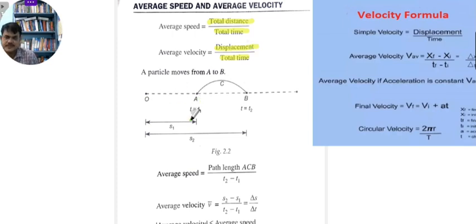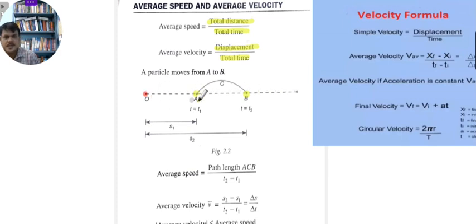Let's see an example. I want to go from position A to position B. I take a reference O, the origin, so this is a straight line reference system, like a reference frame.